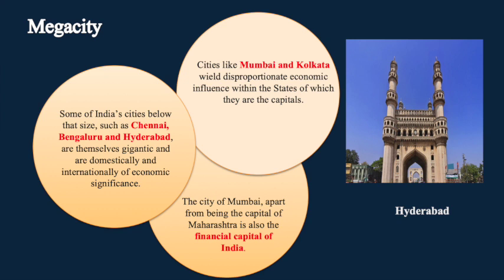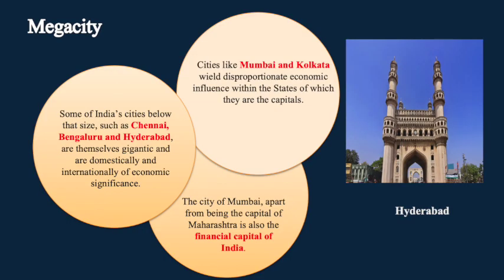First is Delhi, then Mumbai, then Kolkata. These 3 cities have more than 10 million population, but followed by a few other cities which are less than 10 million, but they are already close. They will be reaching 10 million very soon, cities like Chennai, Bangalore and Hyderabad.